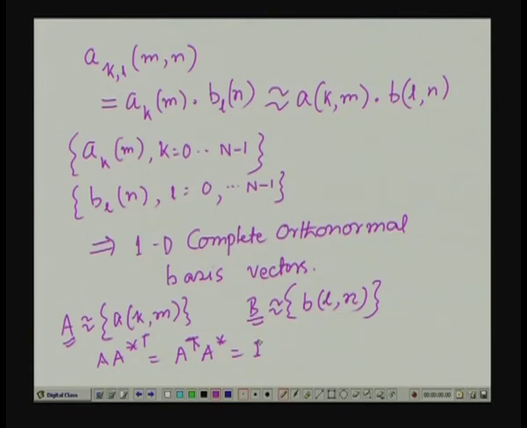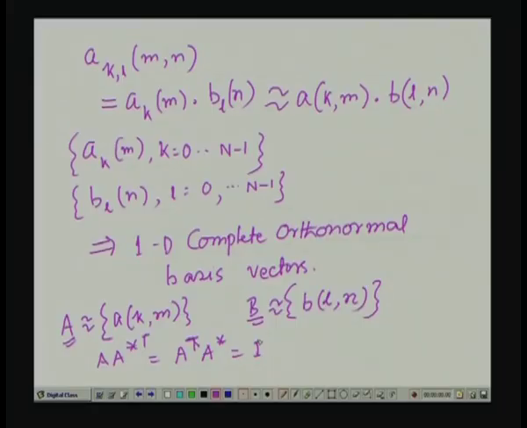So, if this holds true, we say that the transformation we are going to have is a separable transformation. And we are going to see next how this separable transformation helps us reduce the computational complexity.